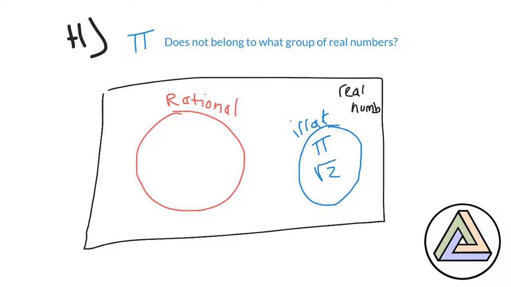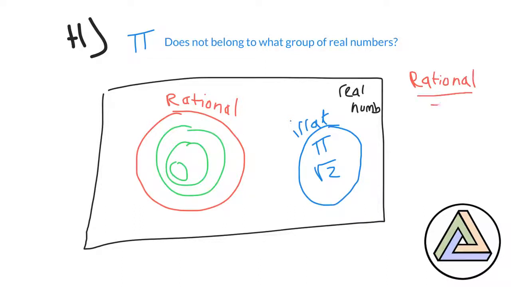And I could keep going with the other circles, but at the end of the day, we're done. Pi does not belong to rational numbers, any of them. So the answer is rational numbers. Pi does not belong to rational numbers.